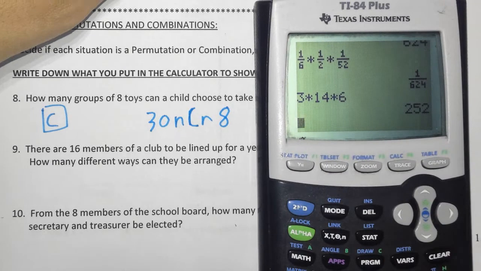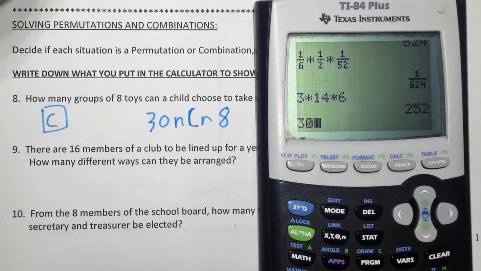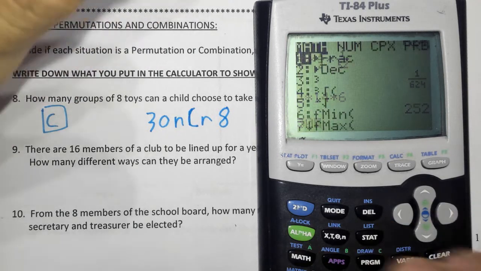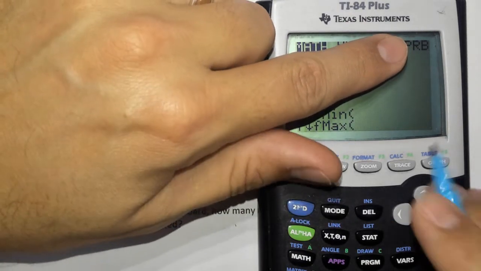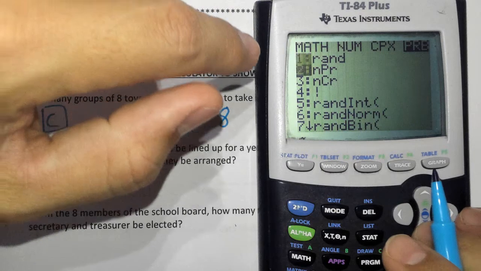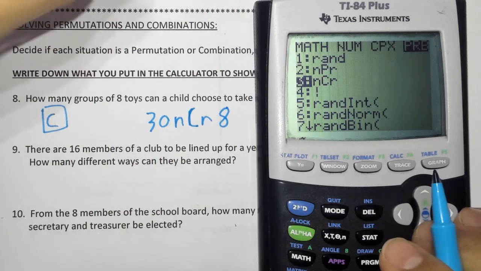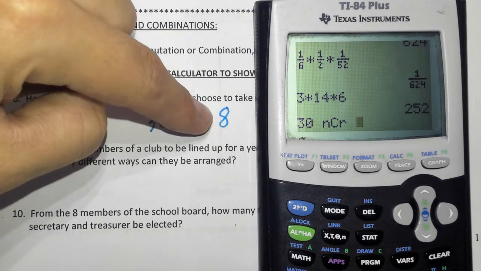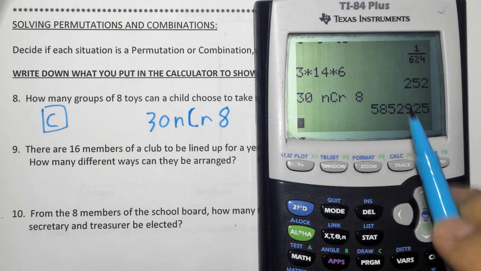So that's what I put in the calculator. We start with the 30, that's my 30 I have to choose from. And then we go to Math, and all the way at the right side there's the probability menu, and there's our nCr and nPr. We have nCr there. Tap nCr. And I have 8 I need to grab.